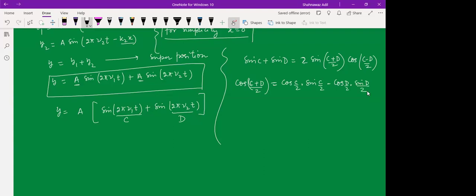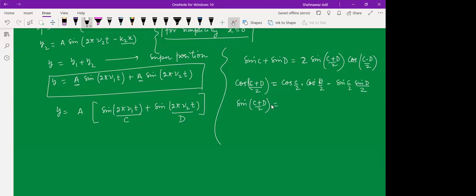So that is cos A plus B. Yes, sir. And what would be sine of C plus D by 2? This is cos and this is the sine, right?